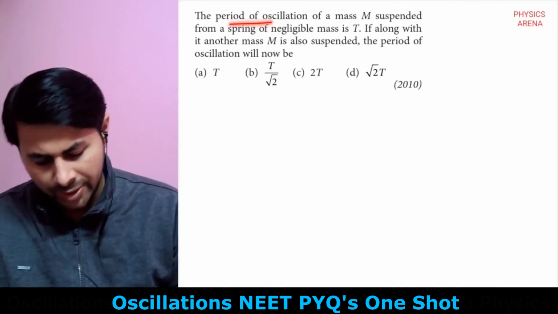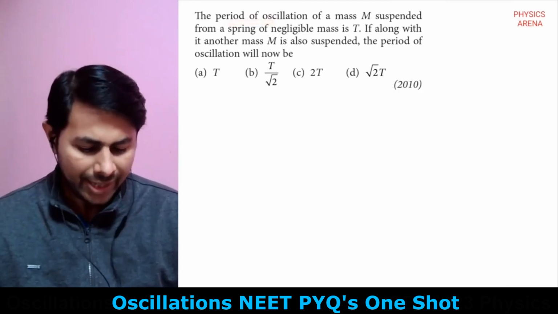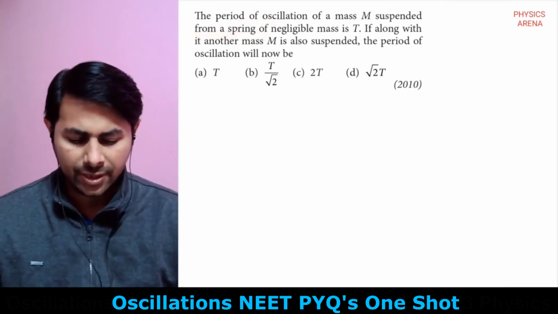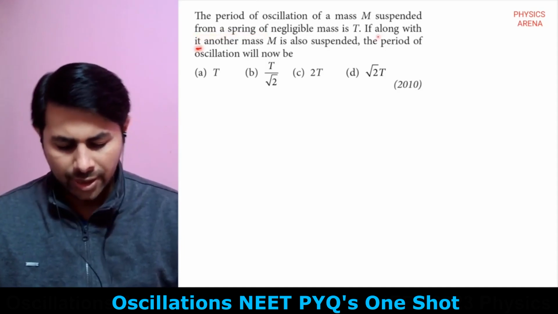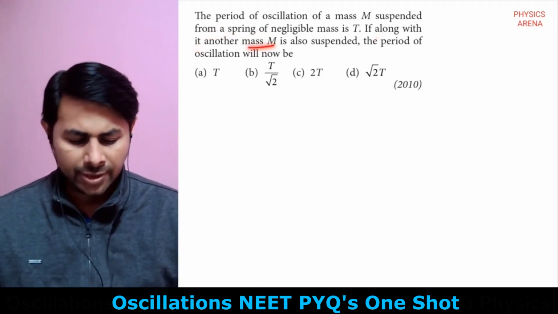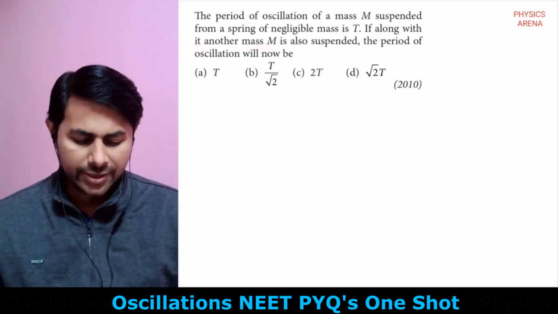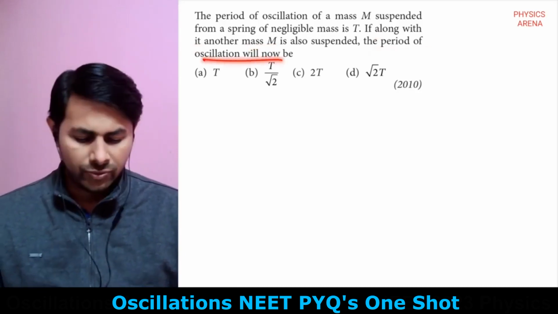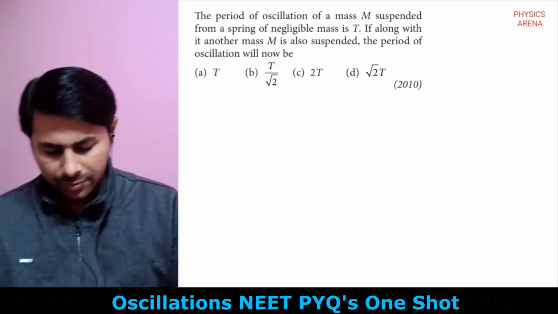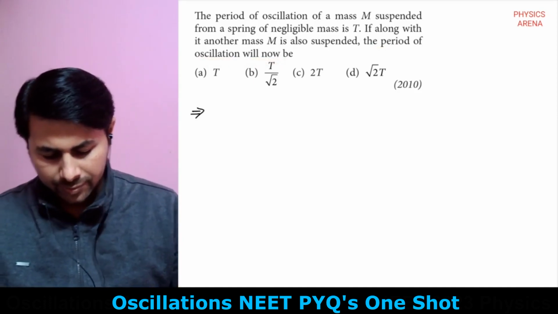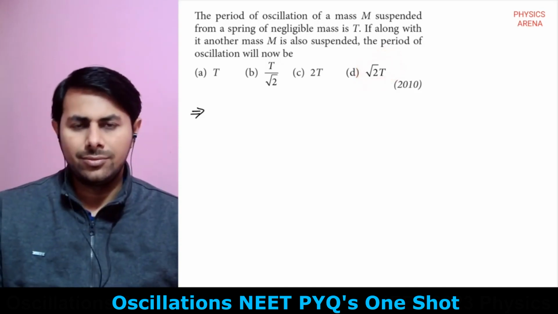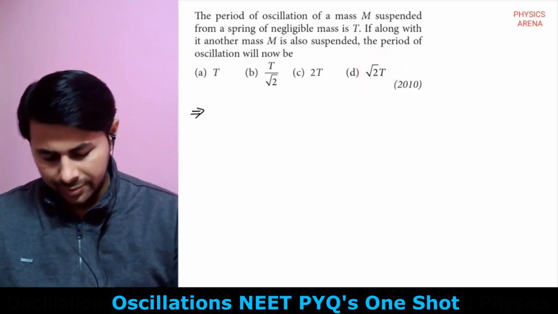The period of oscillation of a mass m suspended from a spring of negligible mass is T. If along with it another mass m is also suspended, so now the mass is made 2 times, the period of oscillation will now be? So this is simple. It will be root 2 times T, right?